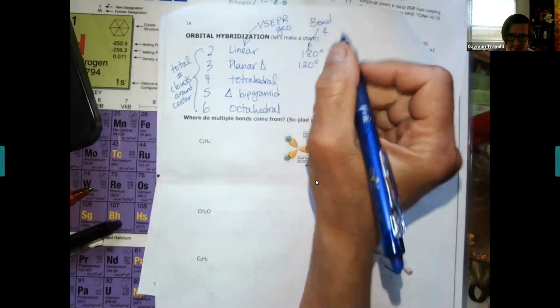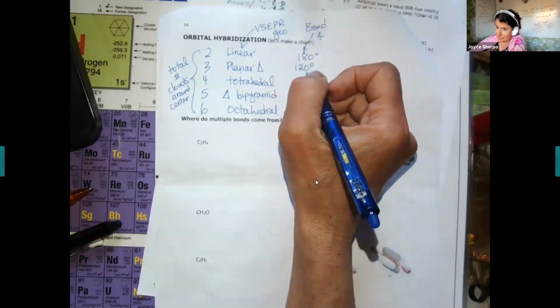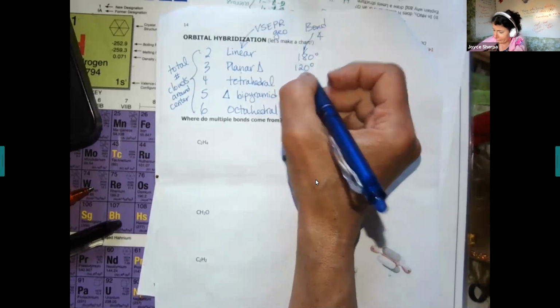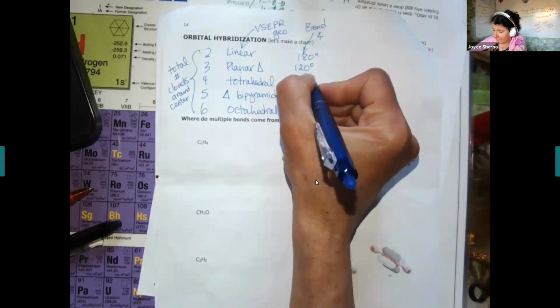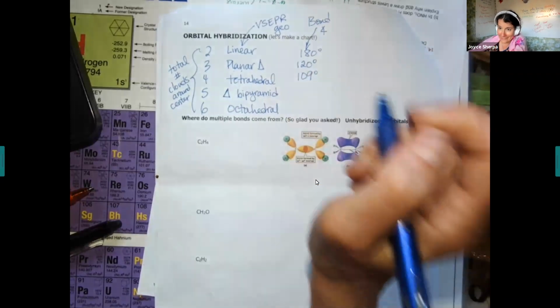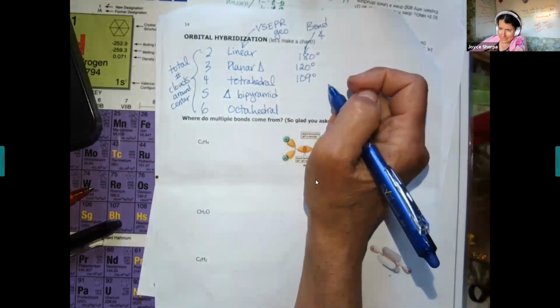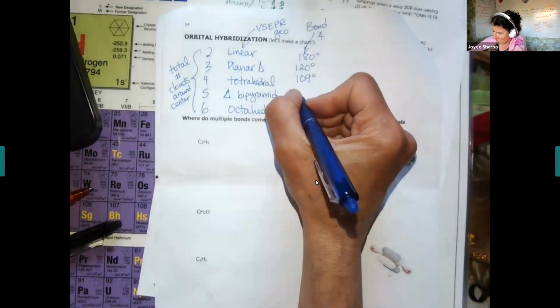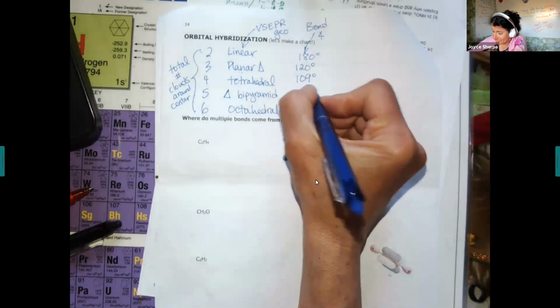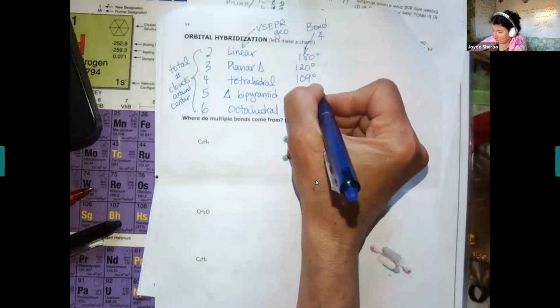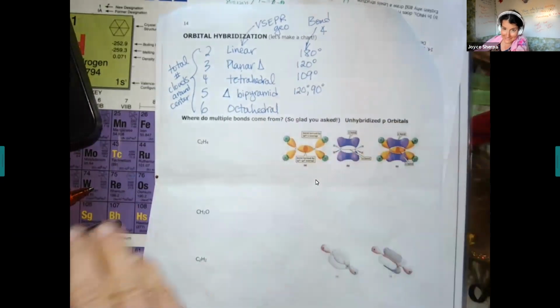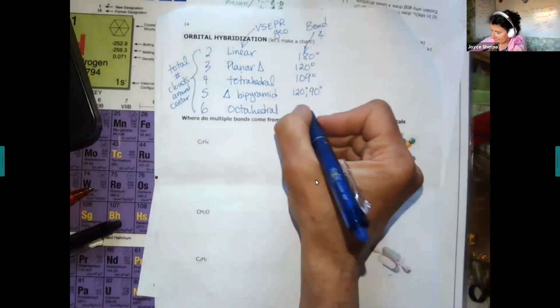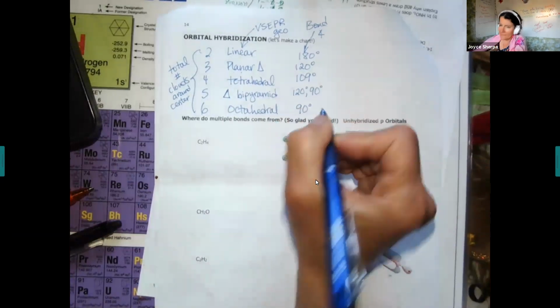Yeah, you all wrote that already, right? 120. Tetrahedral, I'm pretty sure you all know it without having to look at your notes. 109. Oh, the trigonal bipyramid's the trouble one. Triangles are 120, and then the bipyramid part makes it a 90. That's the funky one. Octahedrals are 90.